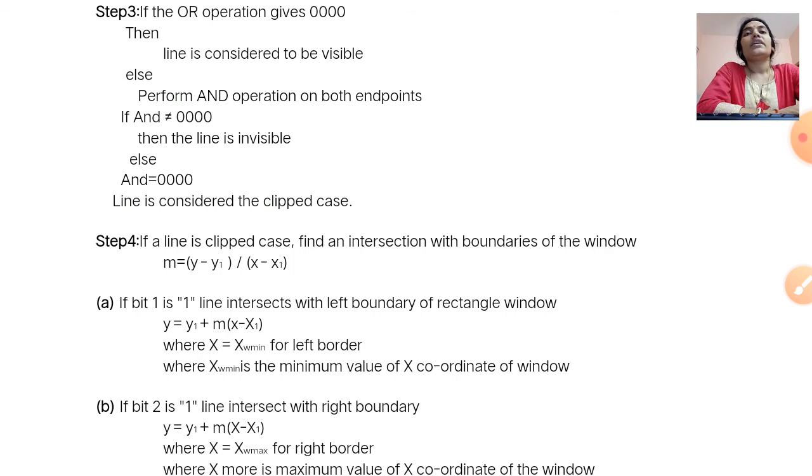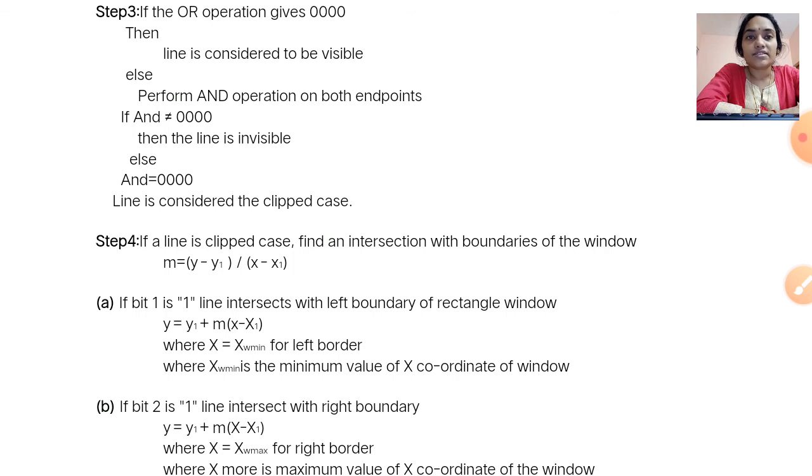If bit 1 is set to 1, then the line intersects with the left boundary of the rectangle window. Then y equals y1 plus m into x minus x1, where x is xw min, the x window value for the left border.